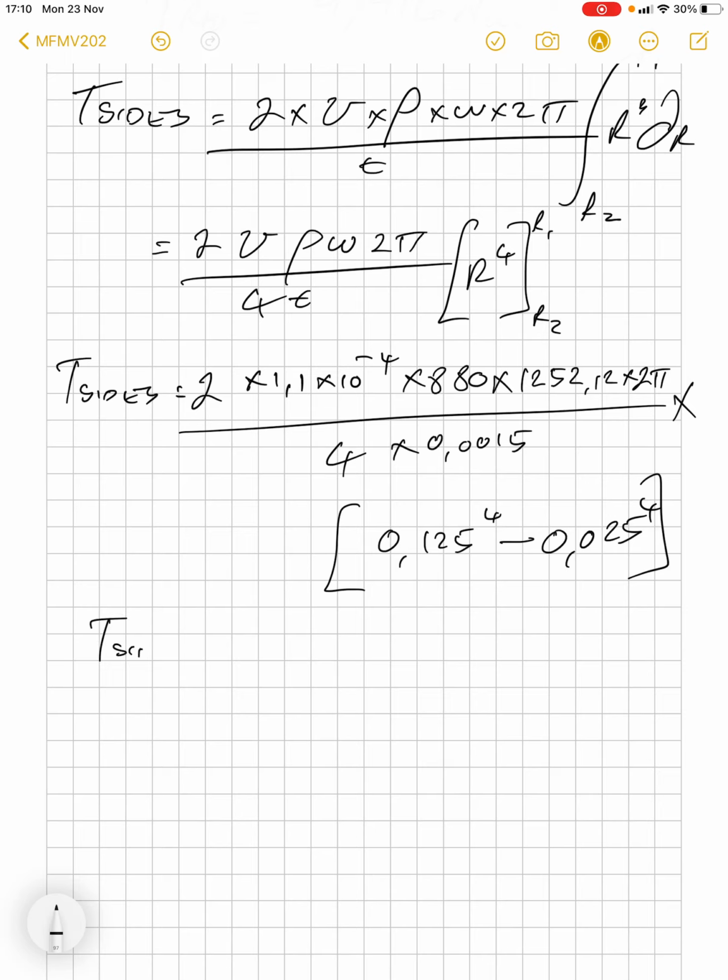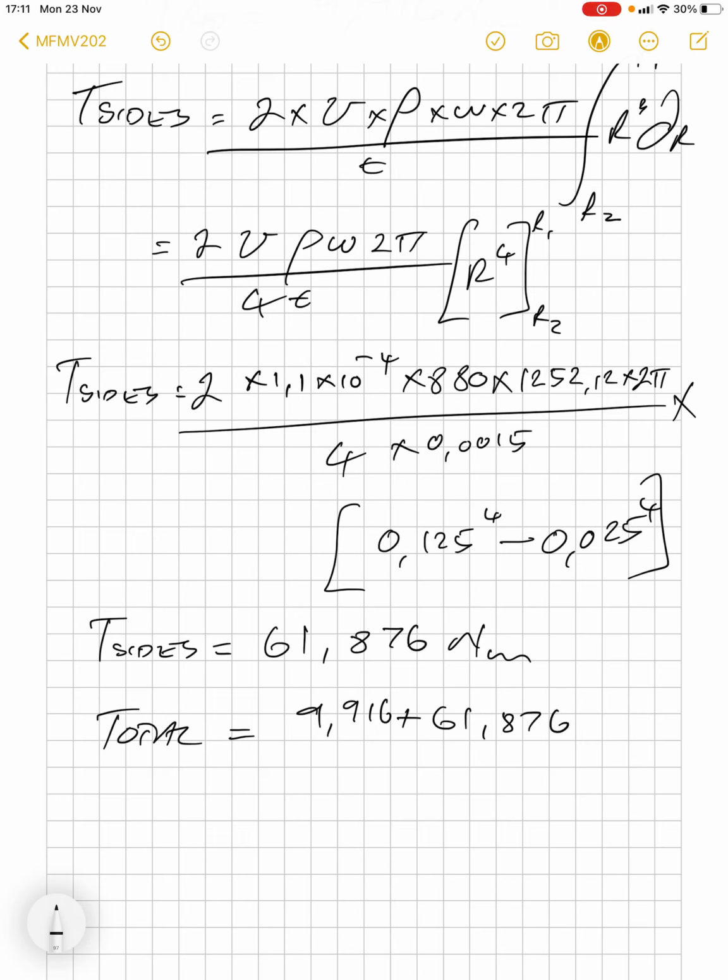So the torque on the sides equal to 61,876 Newton meters. So total is 9,916 plus 61,876 or 71,79 Newton meters.